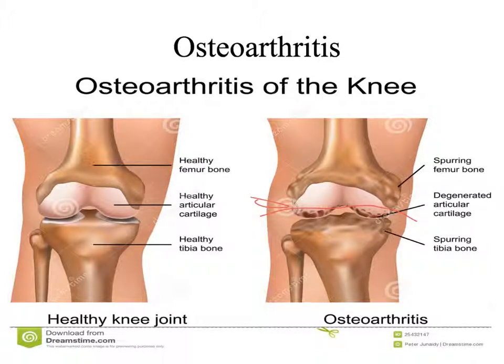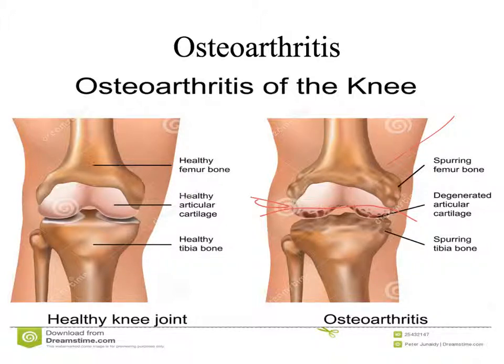There are certain things in our life that increase this process or fast forward it, such as movement and increased weight that we put on these joints. Some occupations put an increased workload on these joints and cause this process to fast forward.